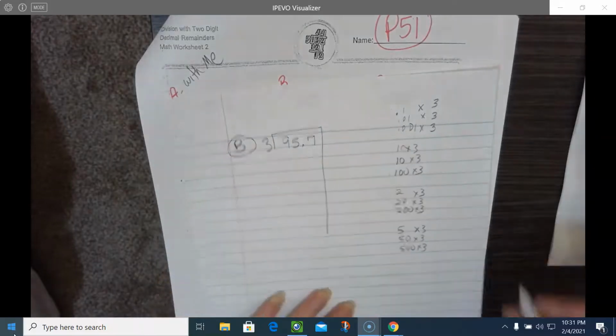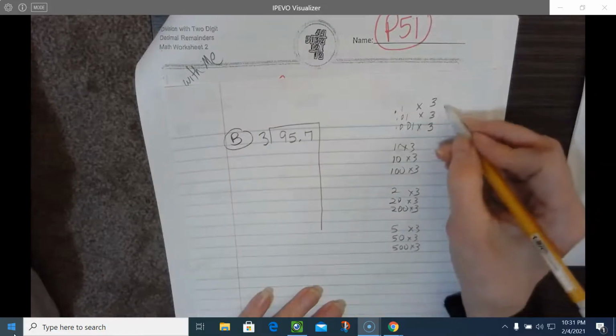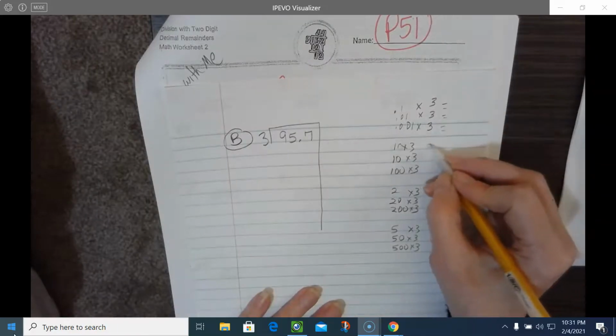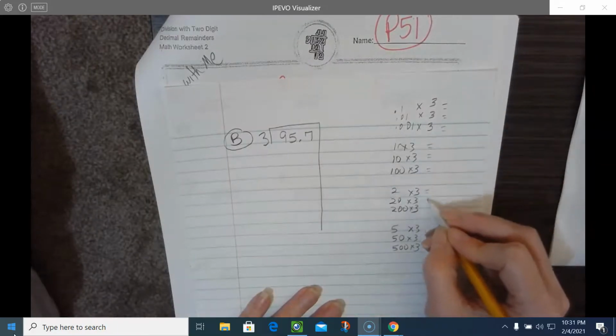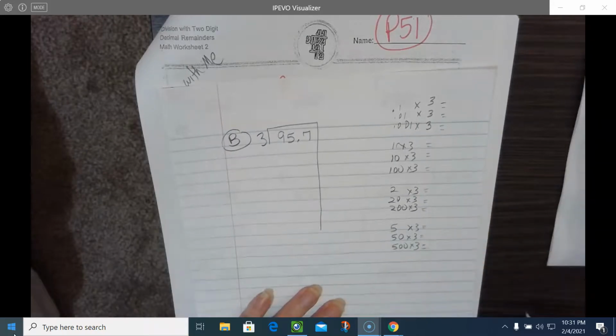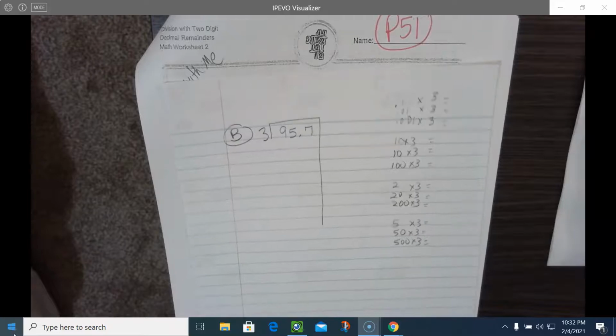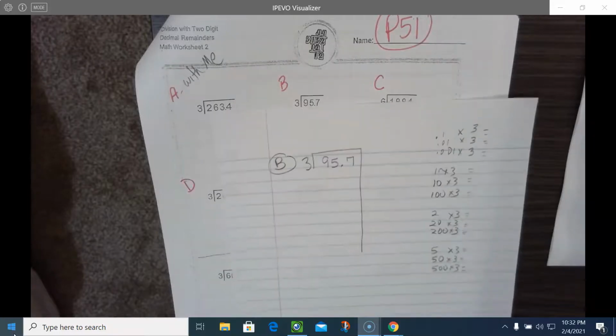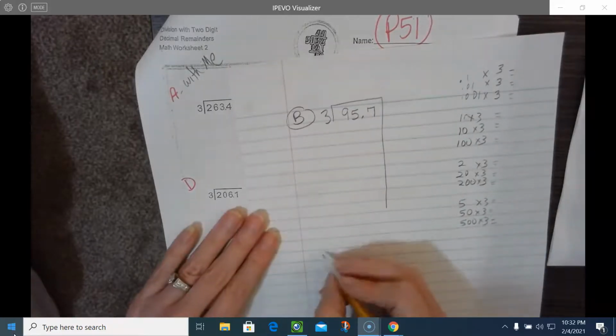Okay, so then this would be your ratio table. You'd have to get answers for these, and then you're going to go ahead and solve problem B.